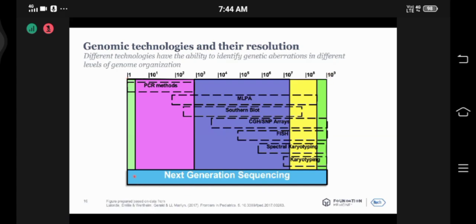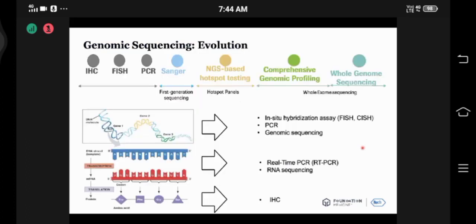And next generation sequencing is something which encompasses all these and leads to simultaneous sequencing of multiple genes, leading to information availability at a much faster rate, where we can get a whole picture of what is happening inside a cancer cell, which can lead to very important treatment decisions.